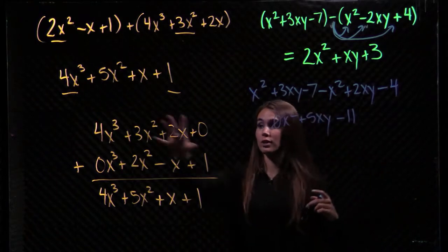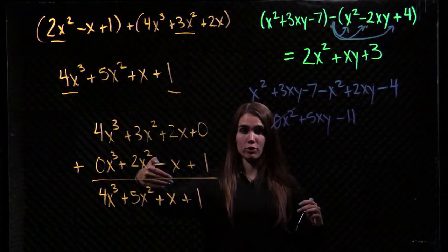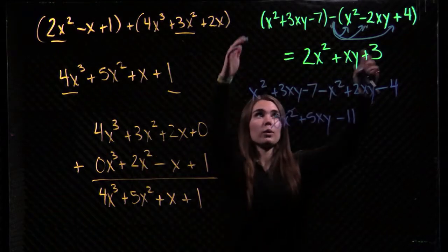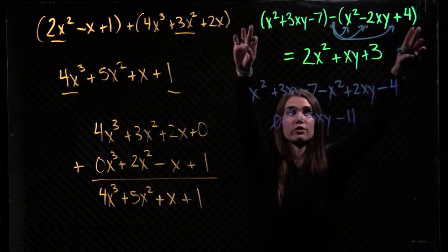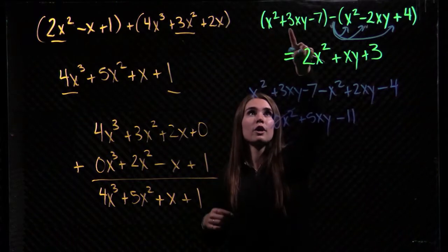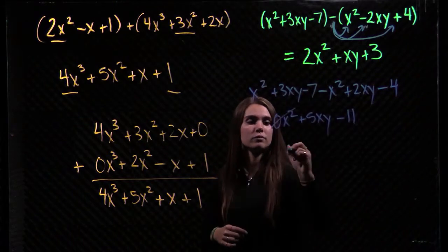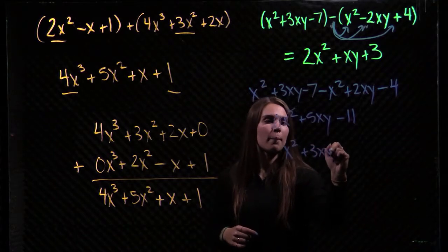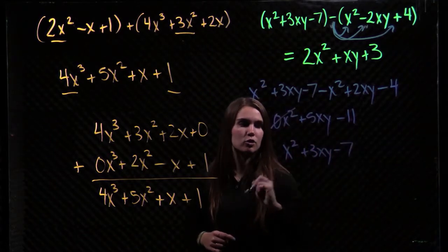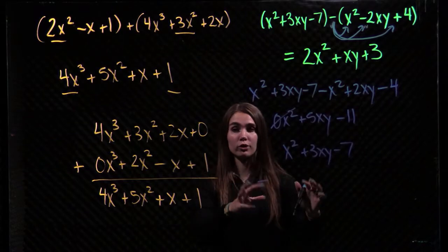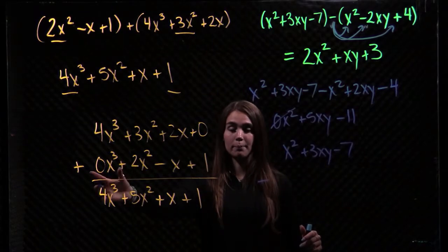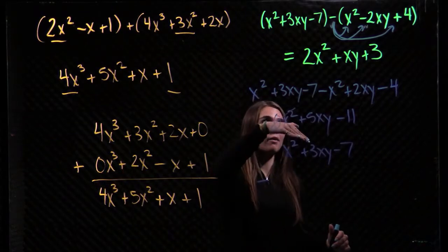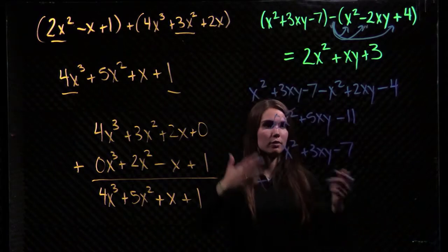You can also use this vertical strategy in subtraction too. We would take our original equations from up here. So we have our x squared plus 3xy minus 7, and we're going to copy that down here: x squared plus 3xy minus 7. Then we're going to subtract. And this is where it's really, really crucial to add those placeholders. Here we just have our alignment, we don't have anything missing.